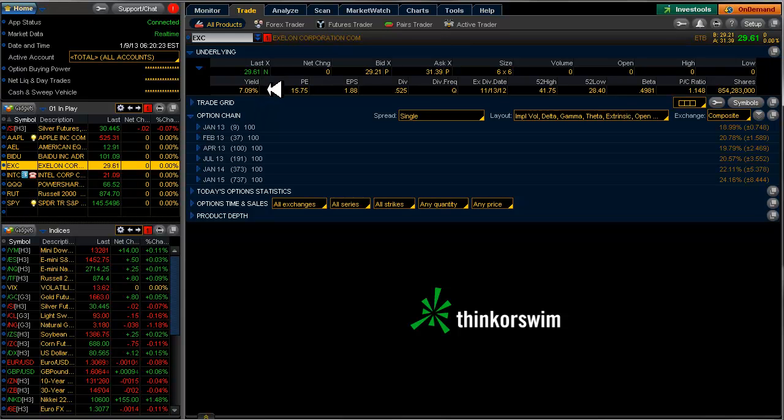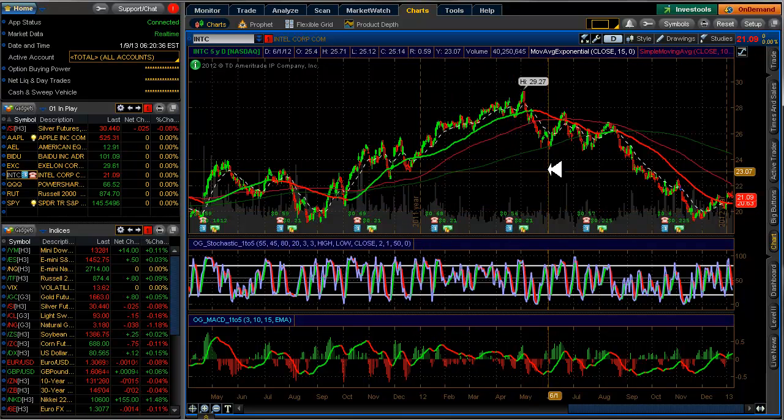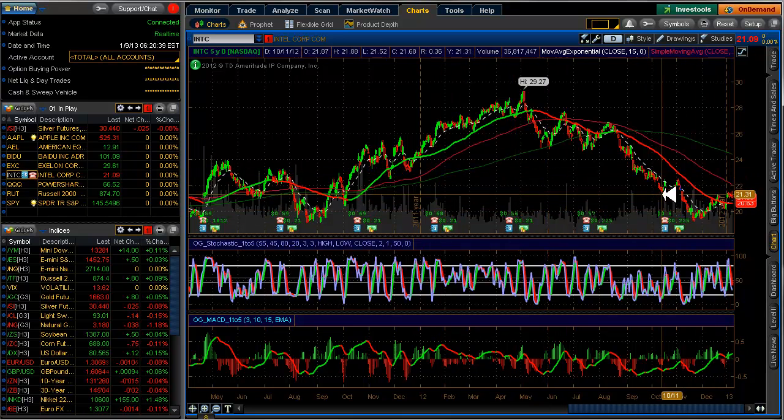You can see that right now Exelon is paying a 7% yield on their dividend, and Intel is paying a 4.2% yield. Well, why is that? Let's take a look at a chart of Intel.